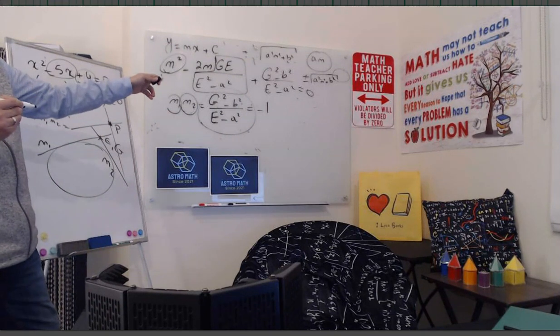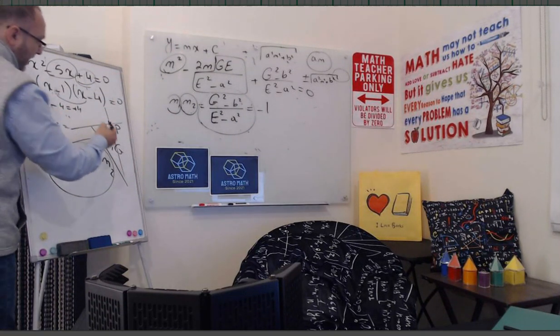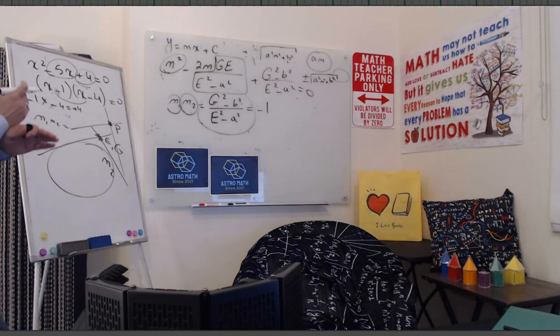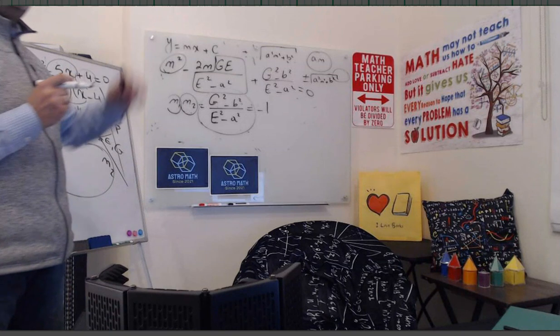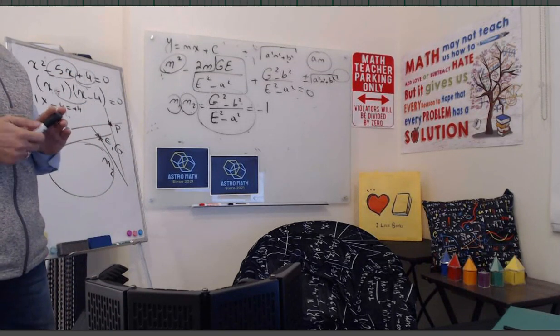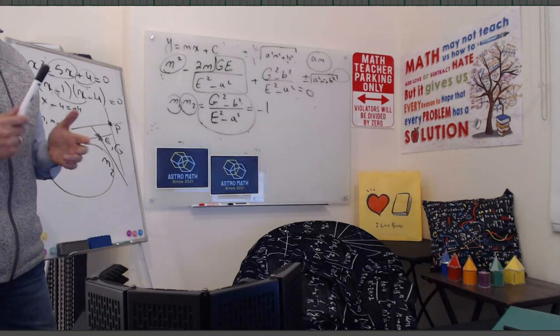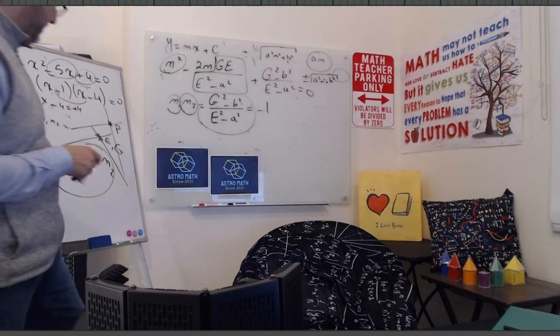So G squared of any one of these, the locus, the collection of points of the intersection of two tangents, minus the B squared, divided by E, the coordinate of that point squared, minus A squared is going to equal minus 1. Now everything becomes very easy.